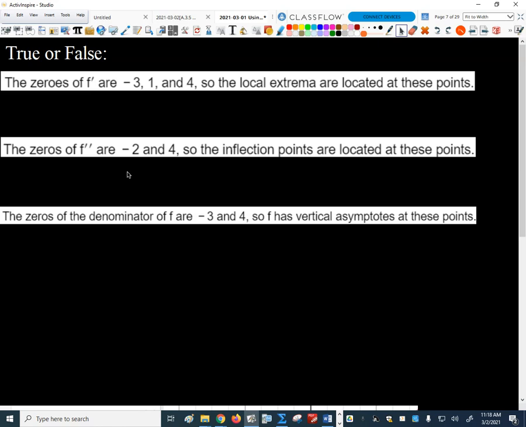Okay, but we can make no assumptions about this. This is saying that if those are zeros, then local extrema exist there. True or false? Okay, looks like we agree it's false. So how come? Somebody articulate a reason here. Why is that false? What's the counterexample we could offer?